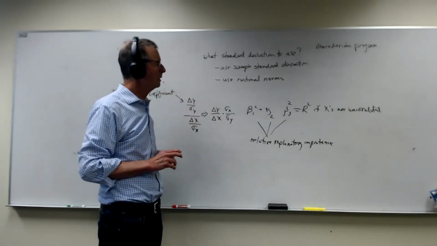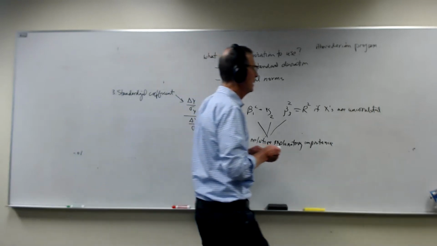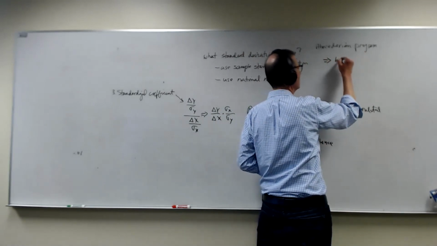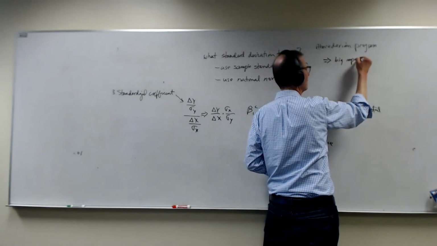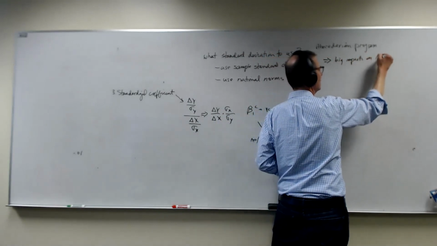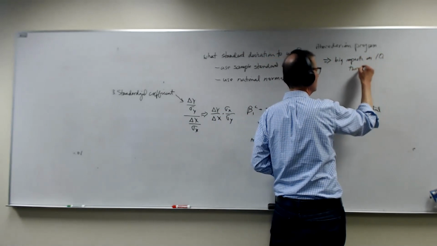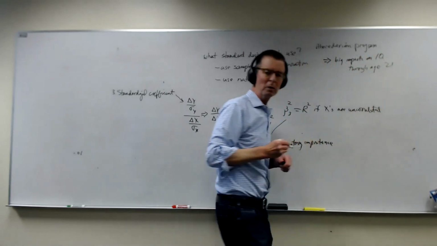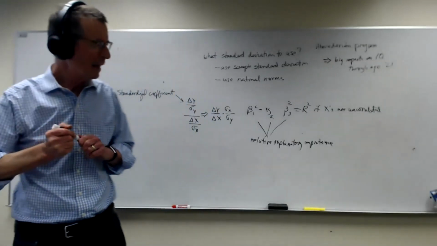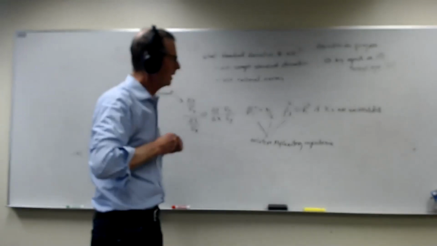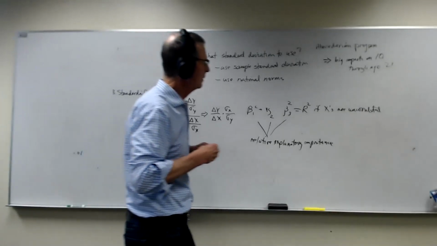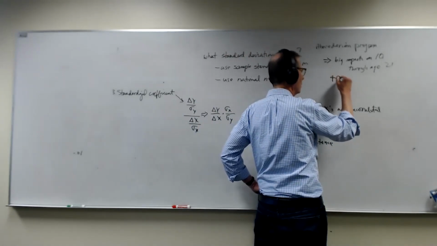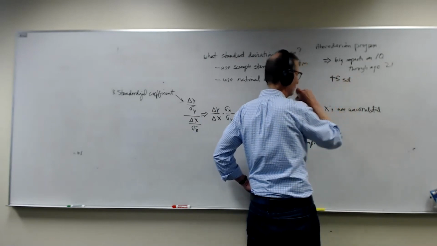And Abecedarian had big impacts. It was random assignment. Big impacts on IQ through age 21. The only study that has been found to have long-term effects on IQ. And the impacts were on the order of 0.45 standard deviations.